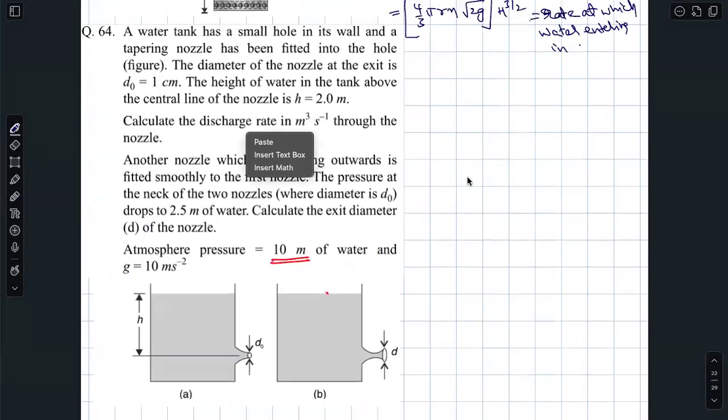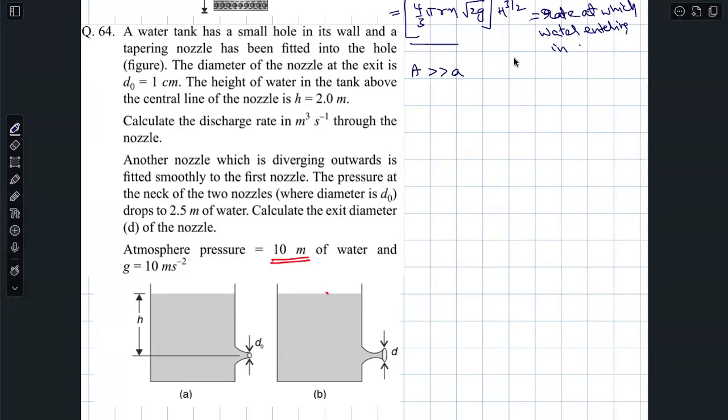You can see another question, 64th question. A water tank has a small hole in its wall and a tapered nozzle has been fitted into the hole. The diameter of the nozzle at the exit is d0, 1 centimeter. The height of the water in the tank above the central line of the nozzle is 2 meters. Calculate the discharge rate. First let's look at this nozzle. Very clearly this comes under A much greater than small a.